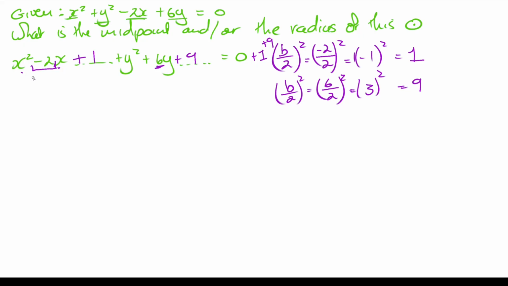Anyway, so what we end up with here is x squared minus 2x plus 1, y squared plus 6y plus 9 equals all this business. You want to factorize this and this. So first this, you're going to end up with 2 brackets. That's going to be x and x.